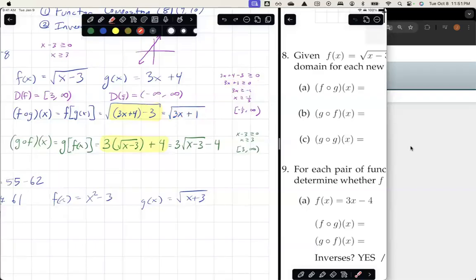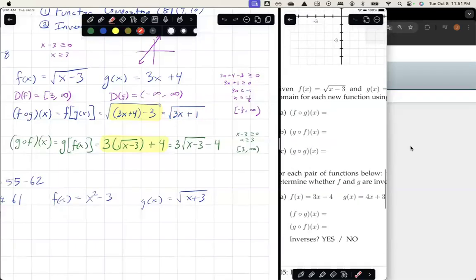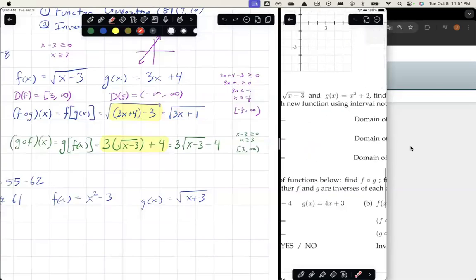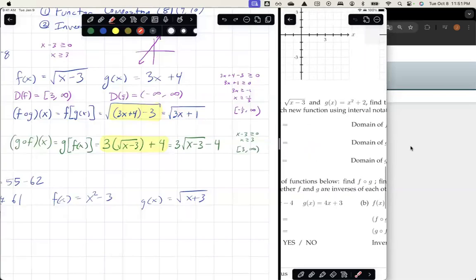And there are cases, as you'll find when you do problem number 8, where things might cancel out when you do some simplification to your composite function. Things might cancel out that may kind of hide what the domain is.